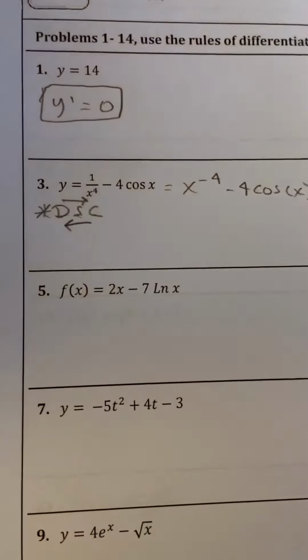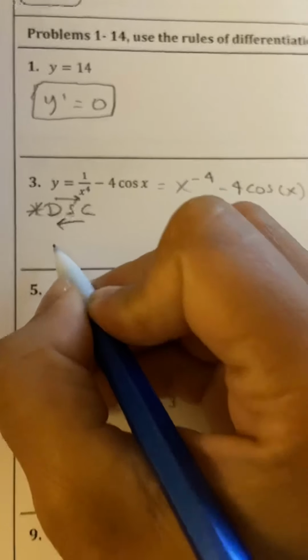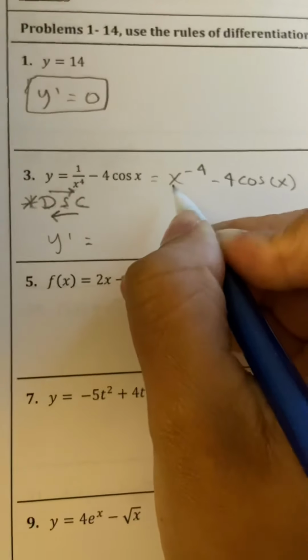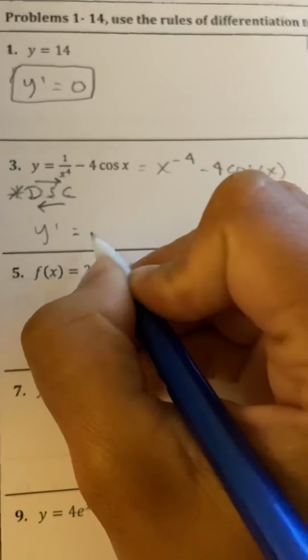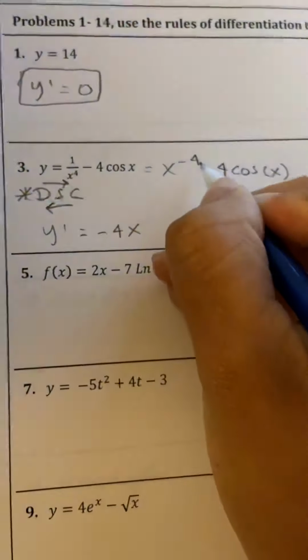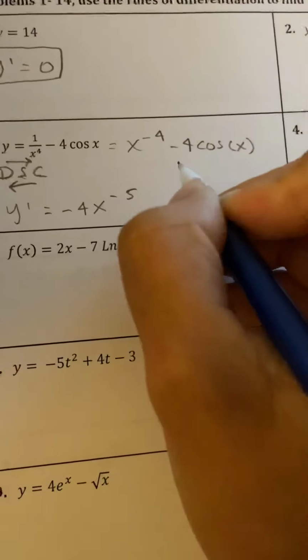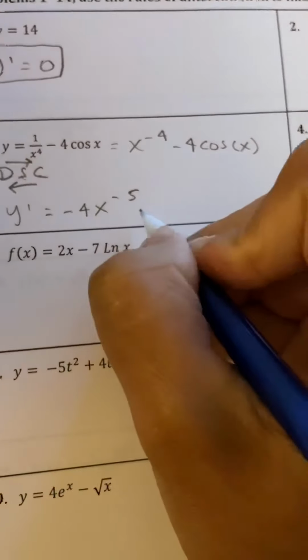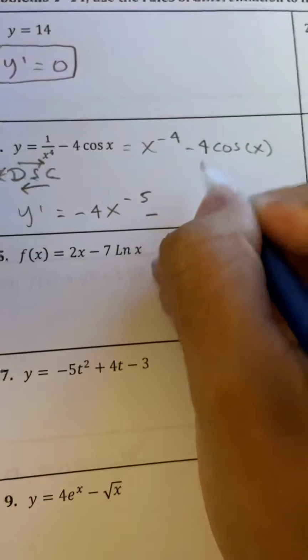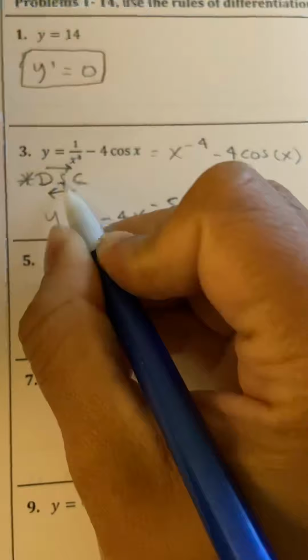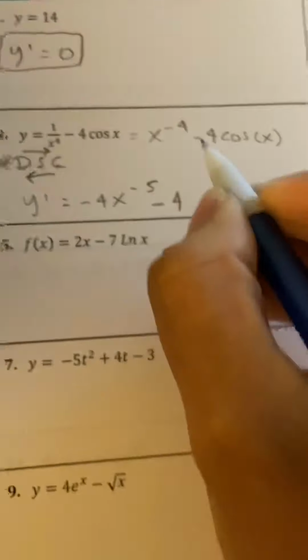It really does help. Okay, so I would have y prime is equal to, move your exponent to the front, so negative 4x to the power of, subtract 1 from the exponent, so negative 5. Minus constant, leave that 4 alone. Derivative of cosine is negative sine, you're going backwards.